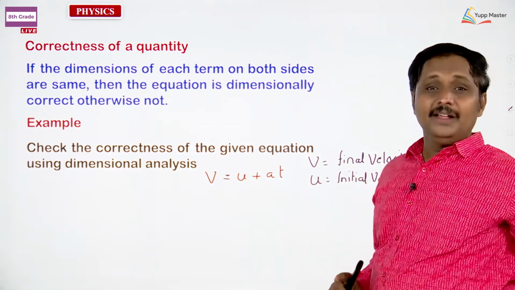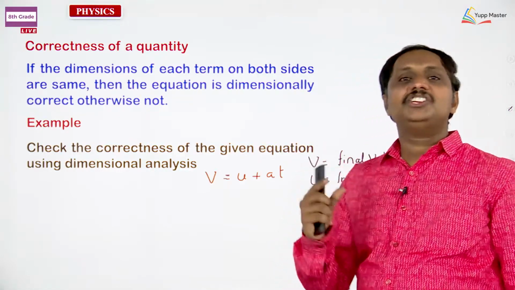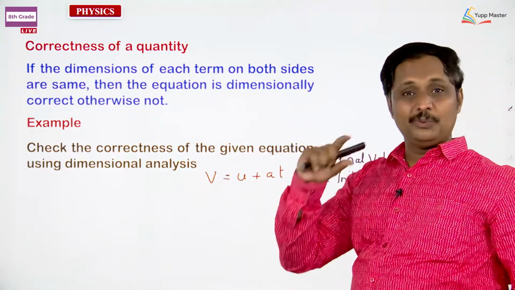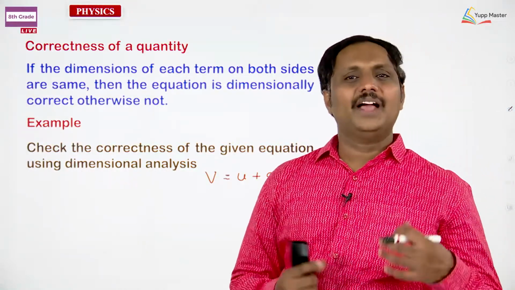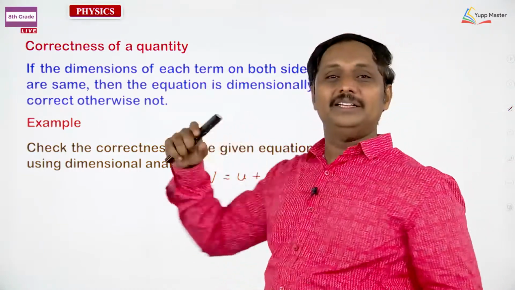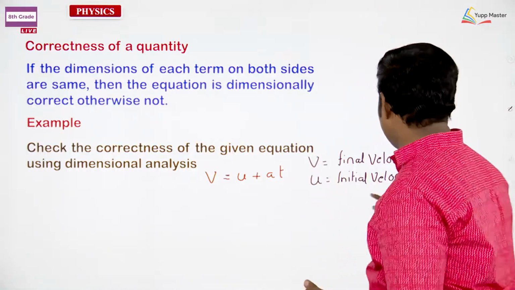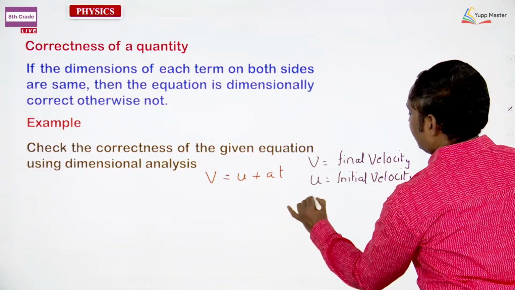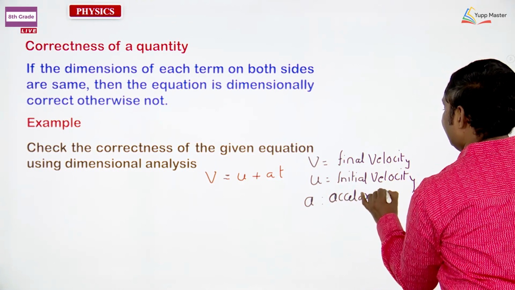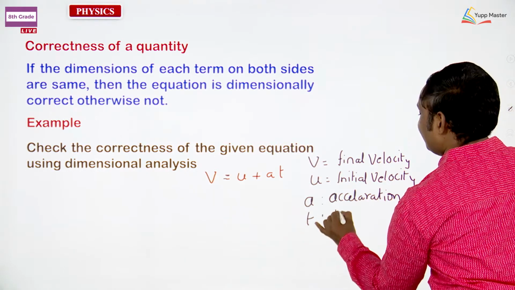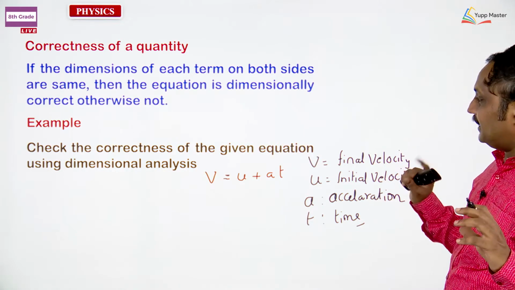Now, if you take one body which is in motion, and its initial and final velocities are measured, you can confirm that there exists an acceleration, denoted by A, in the time interval of t seconds. A is the acceleration and t is the time. They are all to be checked for dimensional correctness.